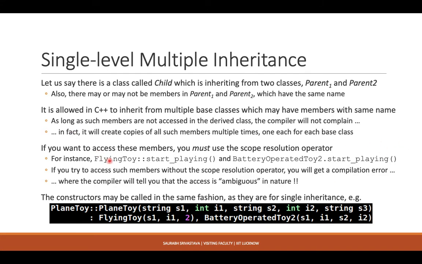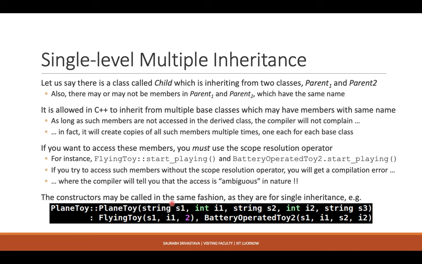So the use of scope resolution operator is very important whenever you are trying to access any member from your parent classes. The idea is you must make it unambiguous. As long as they are unambiguous, there are no issues. The compiler will not raise an alarm. Or if you don't use any members at all from these classes, then also there is no issue. But if you are going to use it, you will have to use the scope resolution operator.